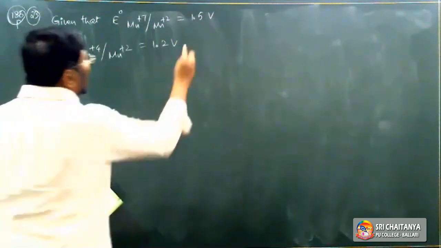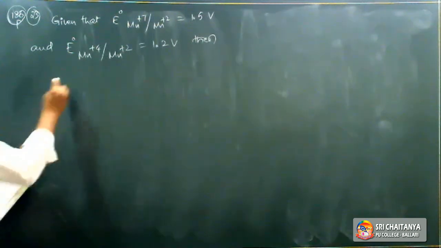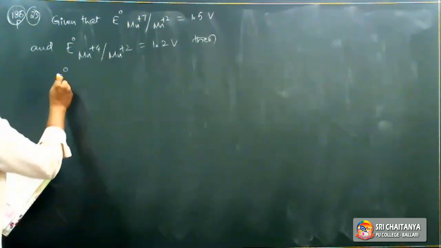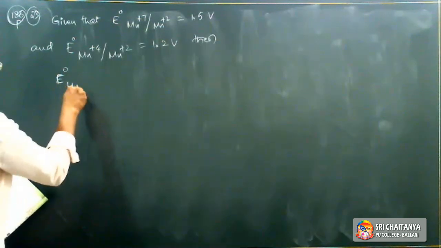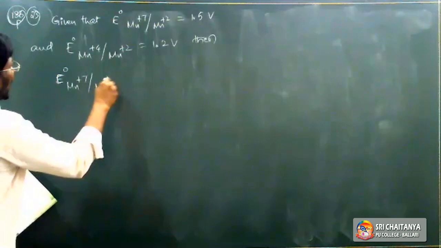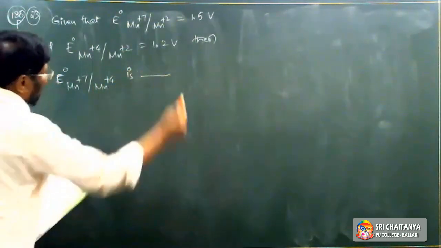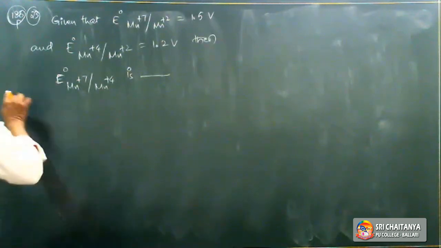Then E0 of Mn7+ to Mn4+ is what? Please observe this. This is a question mark.